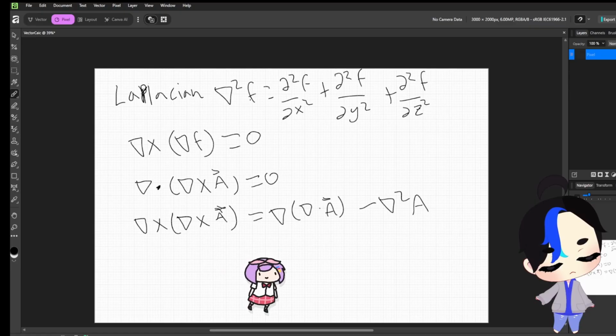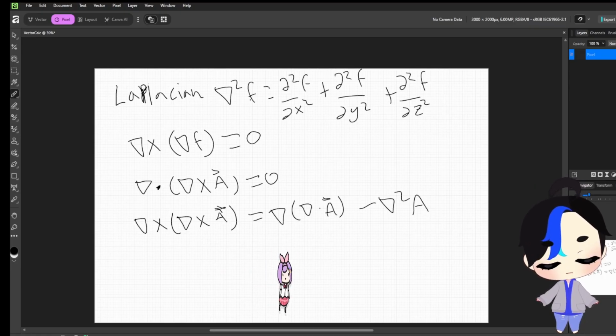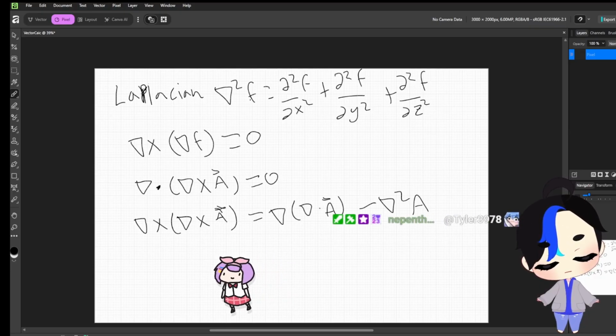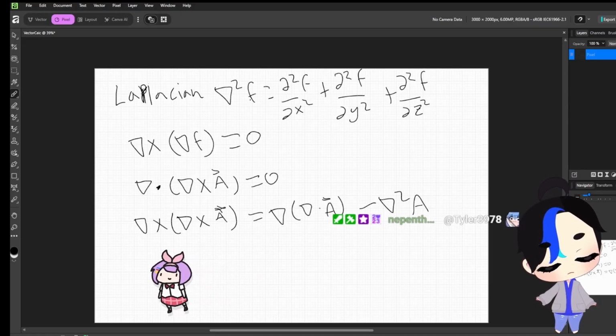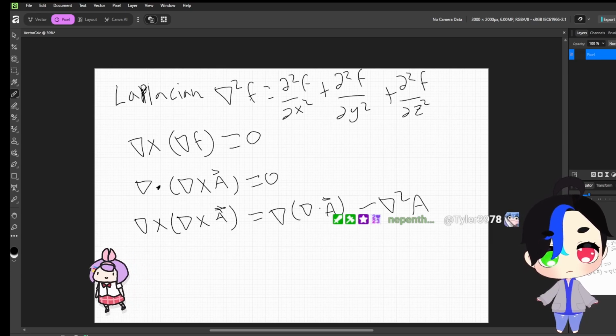Yes, Astral. So the way it was taught to me is that it tells you whether or not a vector field has a source or a sink. If you think about a kitchen sink, as water drains from it, all the water will move towards where the drain hole is.